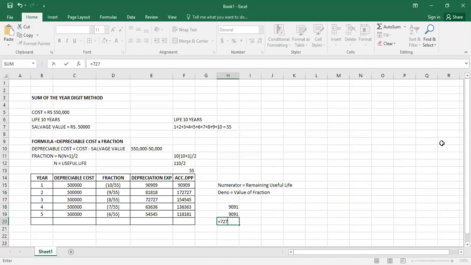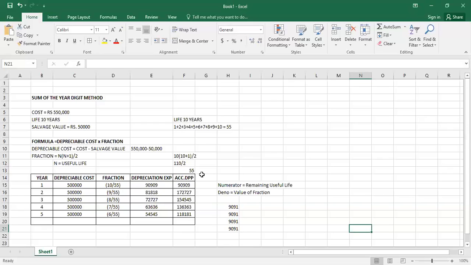Now 72727 minus 63636 gives the same value, and 63636 minus 54545, again the same value. The depreciation expense is much higher in the first year, and for every next year the depreciation decreases by the same value. Therefore we call this method the sum of the digits method.